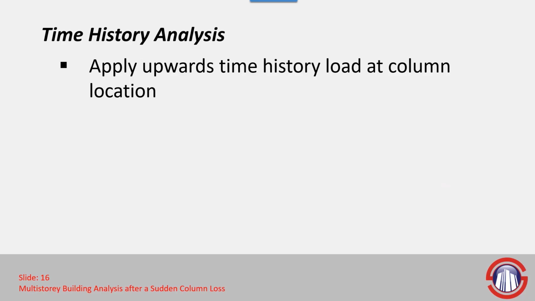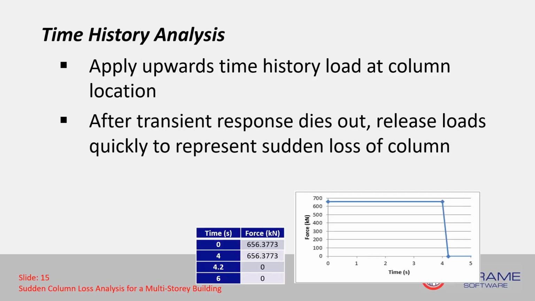We start by applying a time-varying upwards load at the column location to represent the support from the column. There will be a transient response from this initial upward force, and we will allow it to die out and quickly release the load to represent the loss of the column. Just by looking at this graph here, we start off by applying this 656 kilonewton load, and we apply it for a period of 4 seconds.